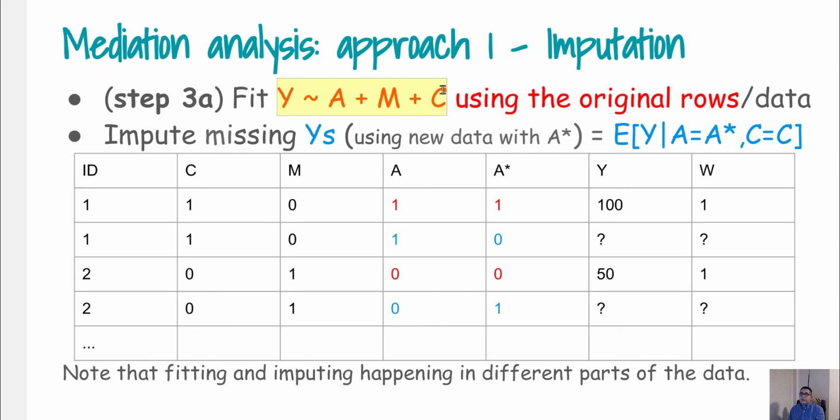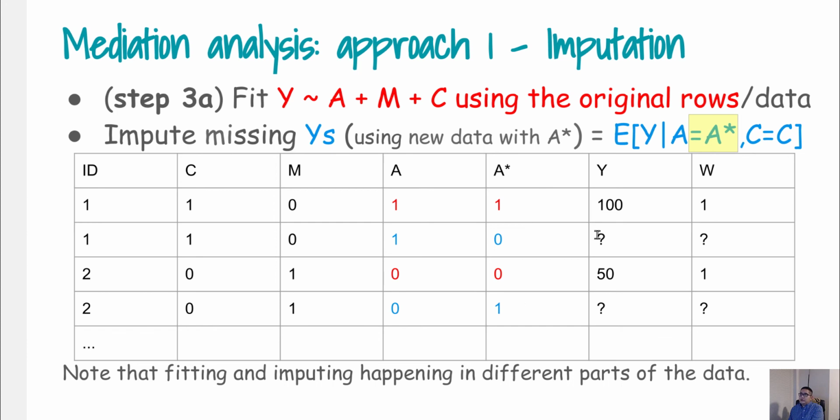And then what we do is predict from the built model, whatever model fit that you have, but you are then changing A to A star. So you are not using this A value anymore. You are now using this A star value in the new data set.